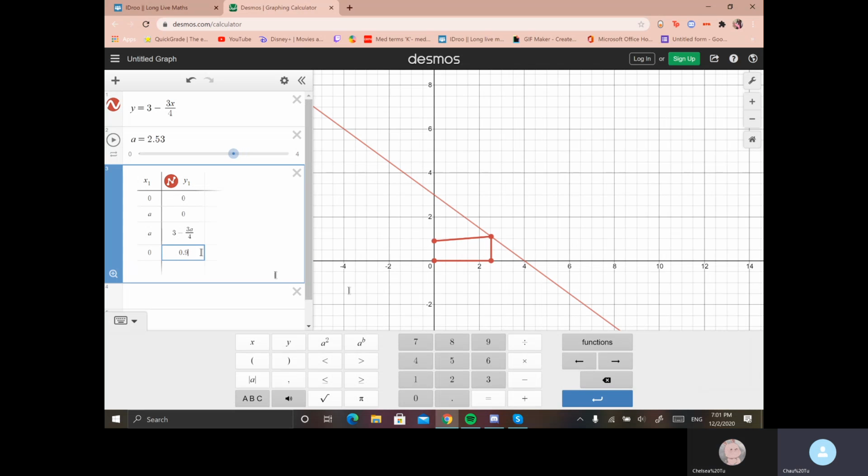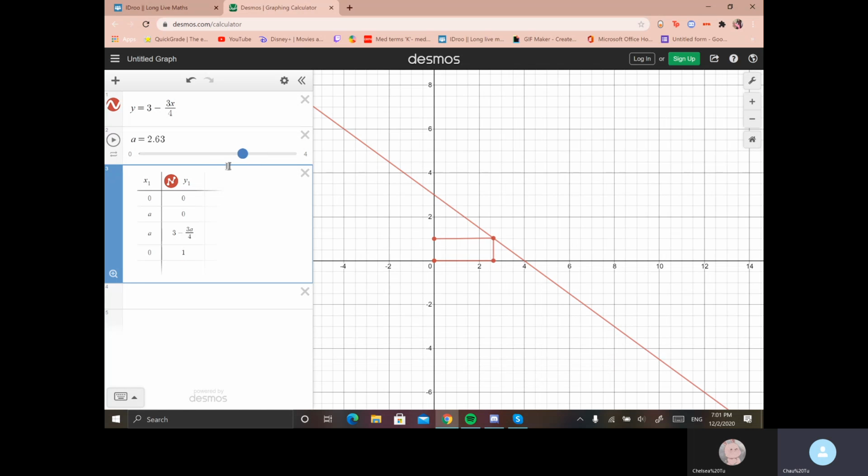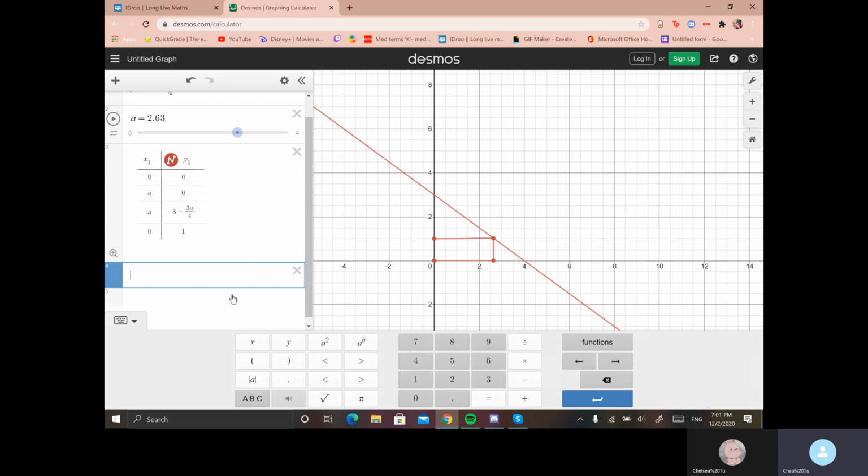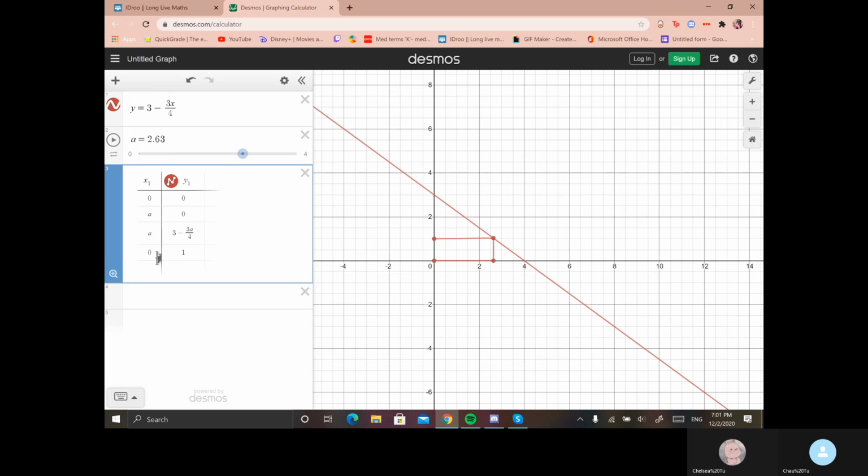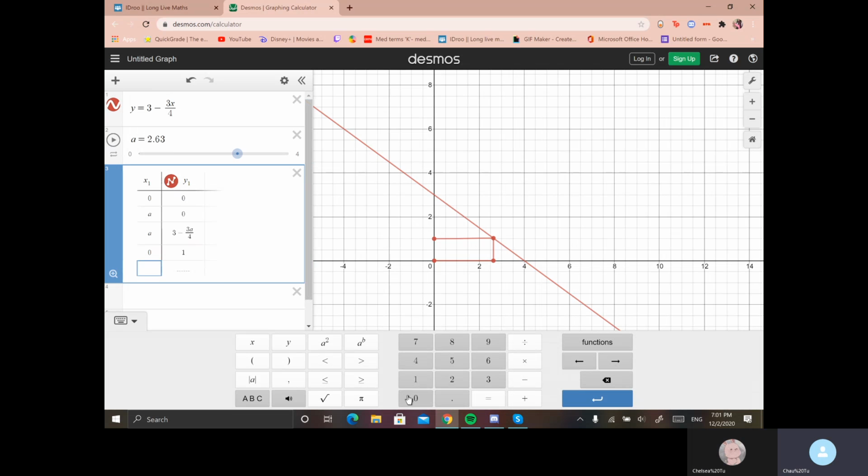Because as we slide A back and forth, you have to be able to draw our rectangle. Give me a second. But the thing is, the height changes as you slide A back and forth. I don't know. Oh, okay.